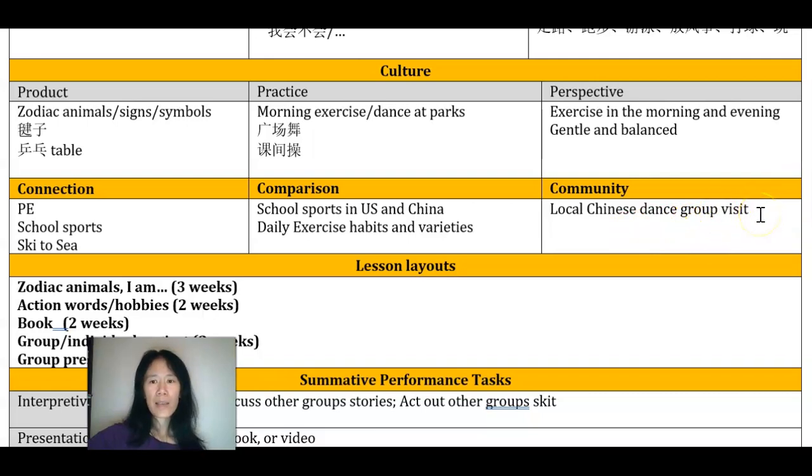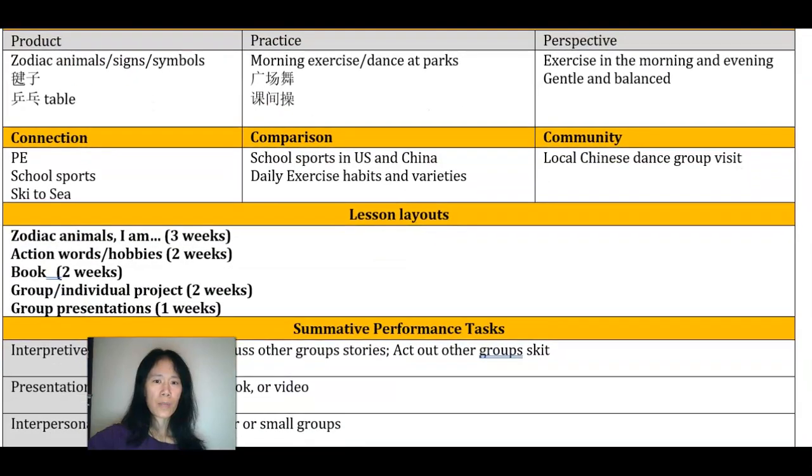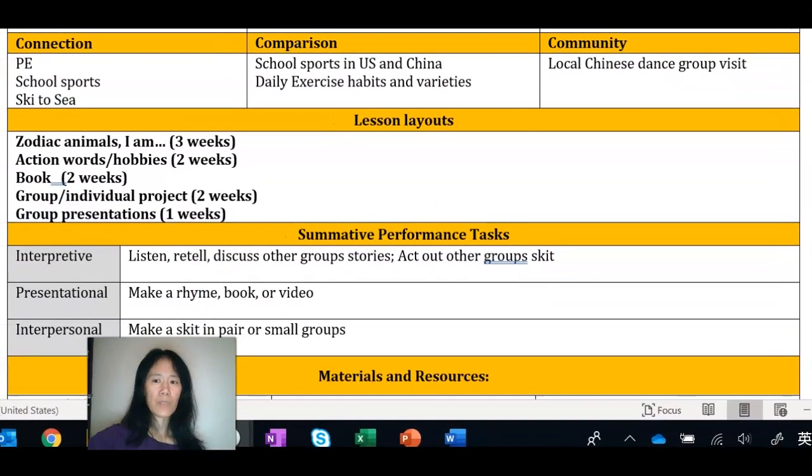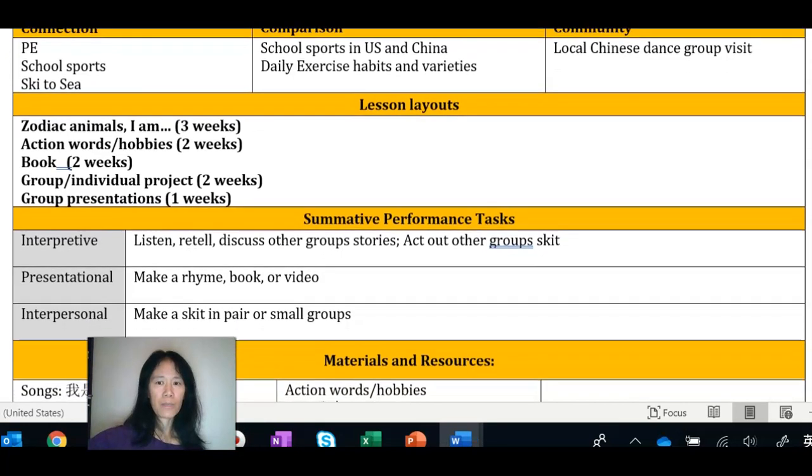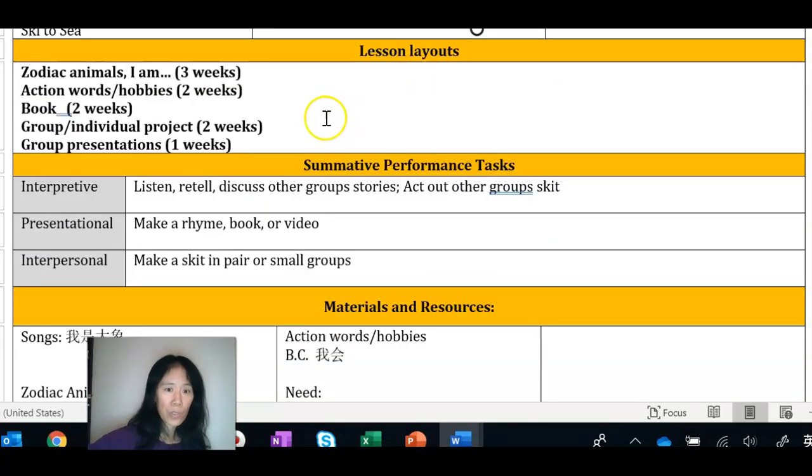Community, that's one piece that is often harder for me to do, mainly because of time, how I incorporate that into the lesson, into teaching. Lesson layouts. So again, it's a one-page overview.